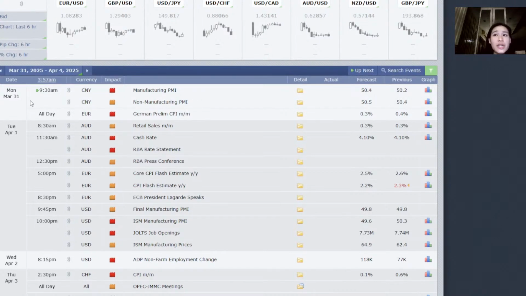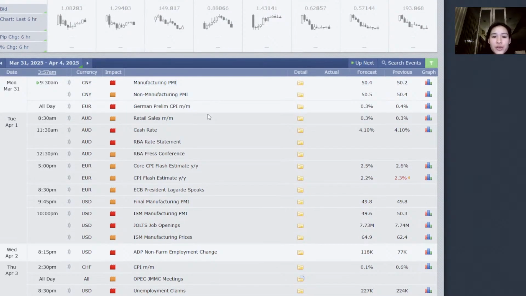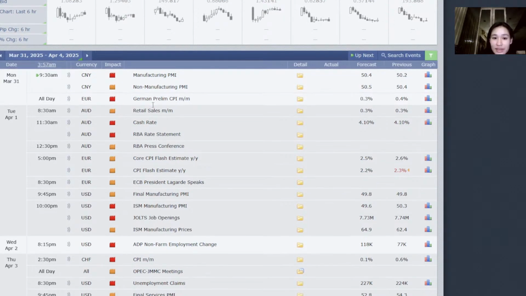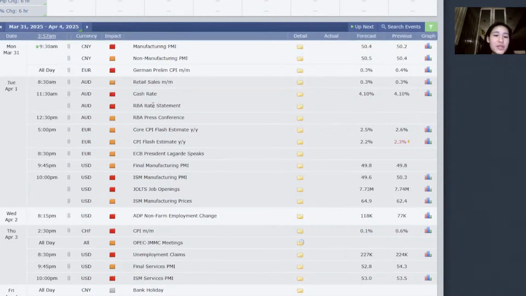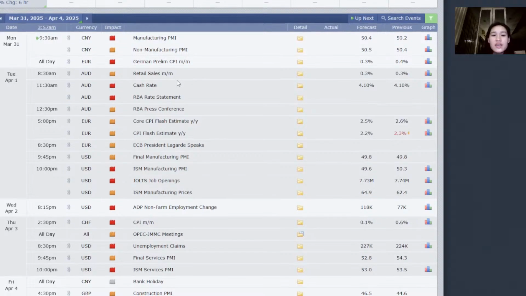Okay, so for today, Monday, we have China's manufacturing and non-manufacturing PMI. We have Eurozone, we have German preliminary CPI month-on-month data. Tomorrow we have Australia's retail sales, cash rates, RBA rate statement. So all these are pretty high impact events.